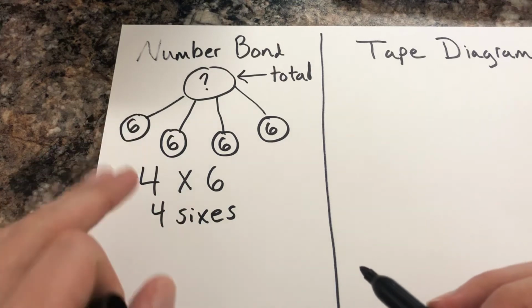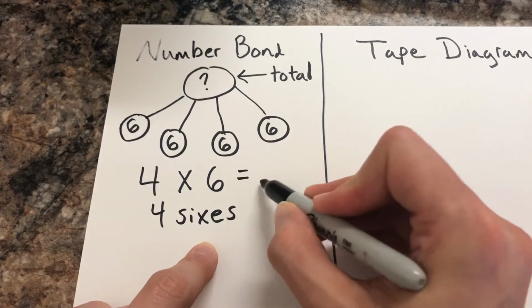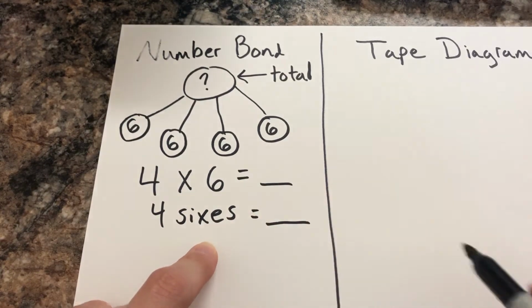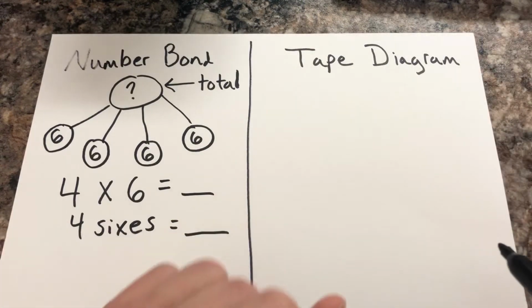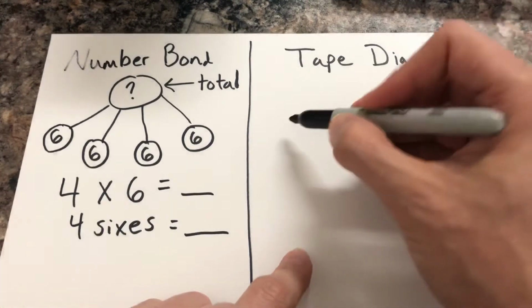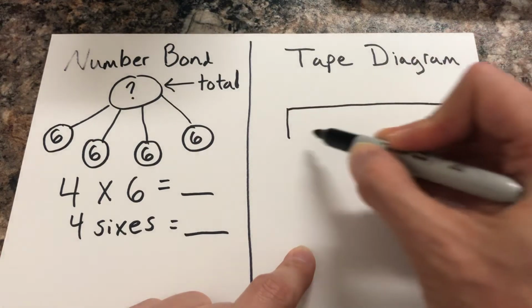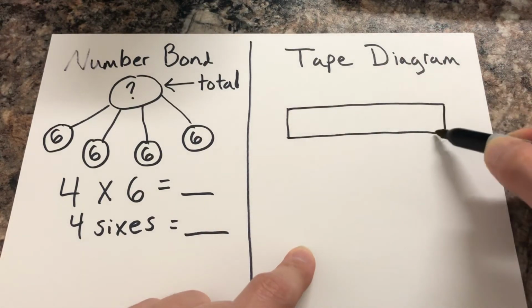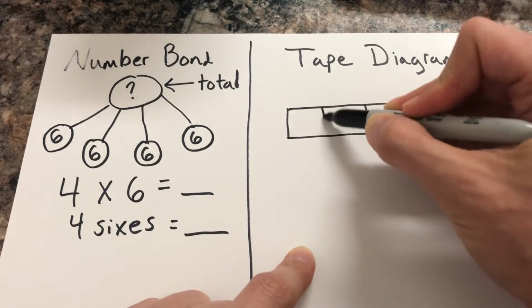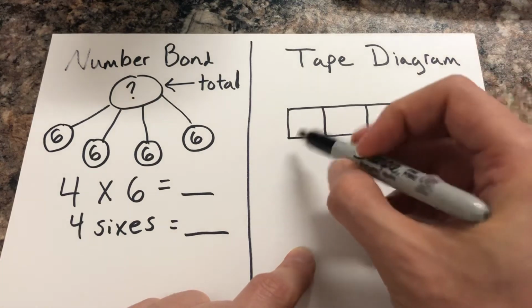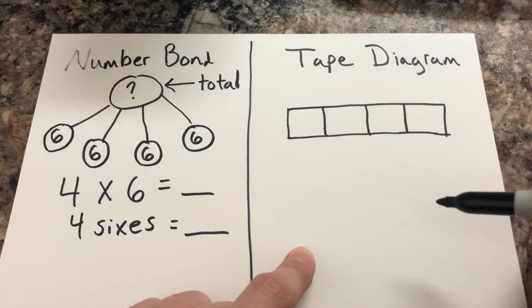And so in a moment, we'll solve for what the total is, right? But let's also set this up using a tape diagram if you wanted to. Okay, we know that he had 4 cookies, right? So let's make 4 cookies. These are my 4 cookies, right?